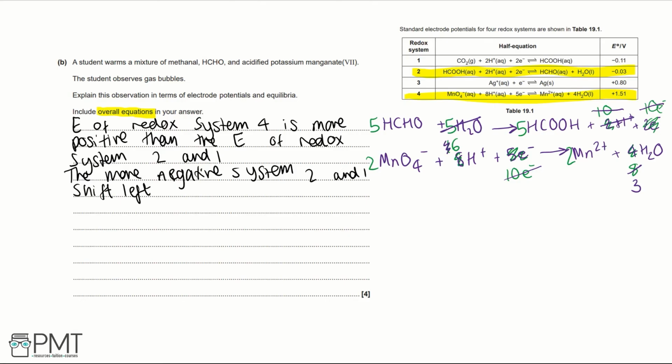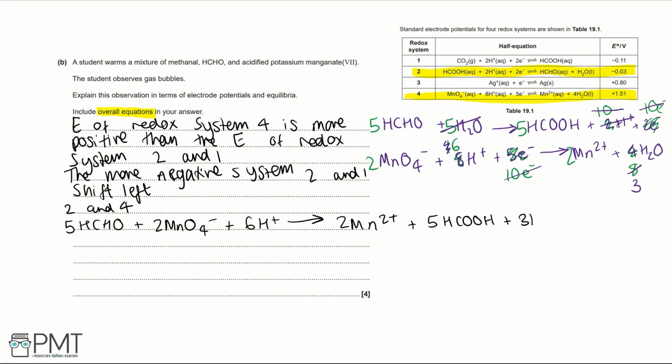So the overall equation for redox systems 2 and 4 is 5HCHO plus 2MnO4- plus 6H+ produces 2Mn2+, 5HCOOH and 3 waters.